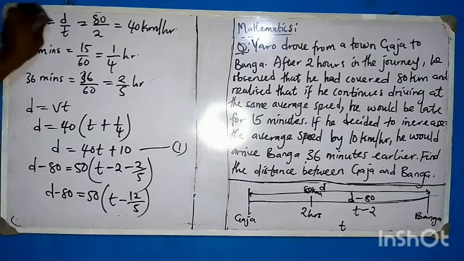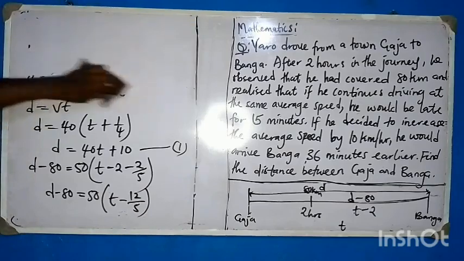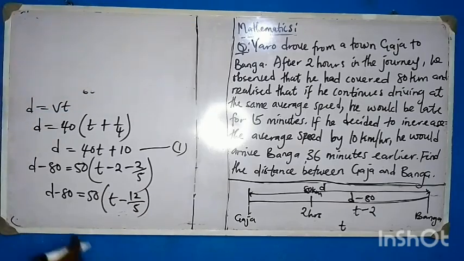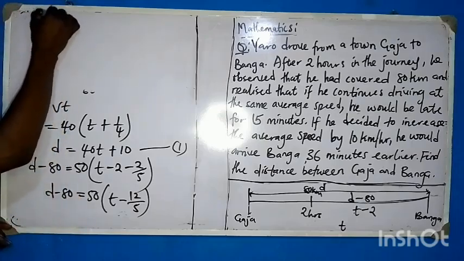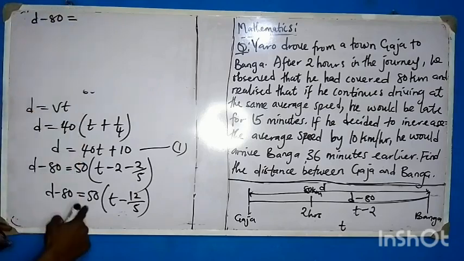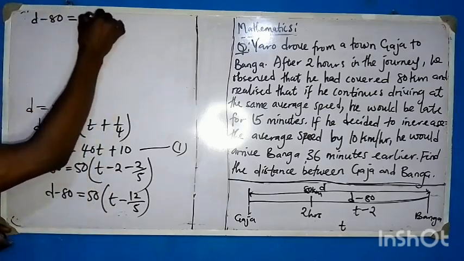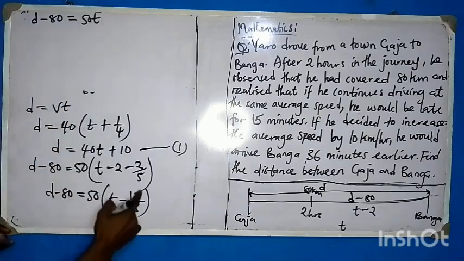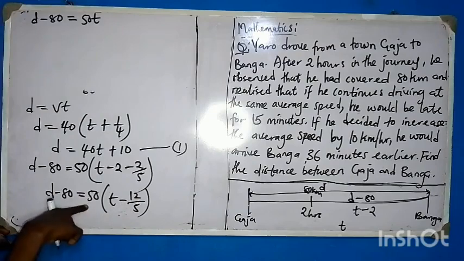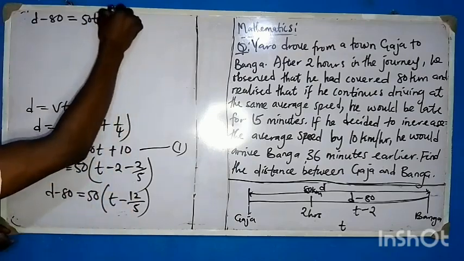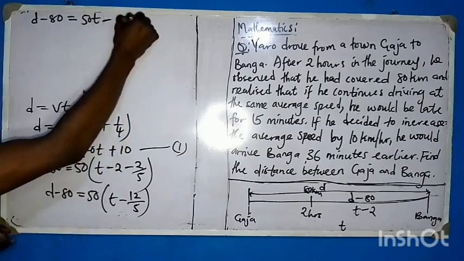So let's open these things up. If I open this up, I'm going to have d minus 80 is equal to 50 times t, which gives me 50t. Then 50 times 12/5, let me divide first: 50 divided by 5 is 10, 10 times 12, that's minus 120.